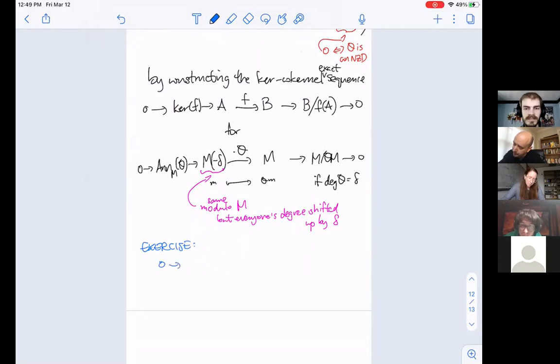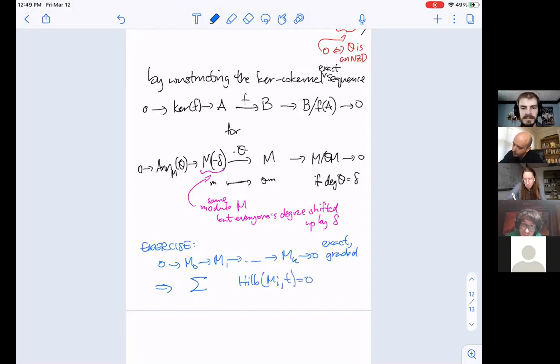If we've got graded vector spaces, modules, I don't care what they are, but they're graded and exact, then that implies that the Hilbert series, you take the alternating sum of their Hilbert series, and you will get 0 as power series. In other words, take the Hilbert series of this one with a plus, minus this one, plus that one, minus that one, plus that one. You alternate the signs, and you will get the 0 power series.